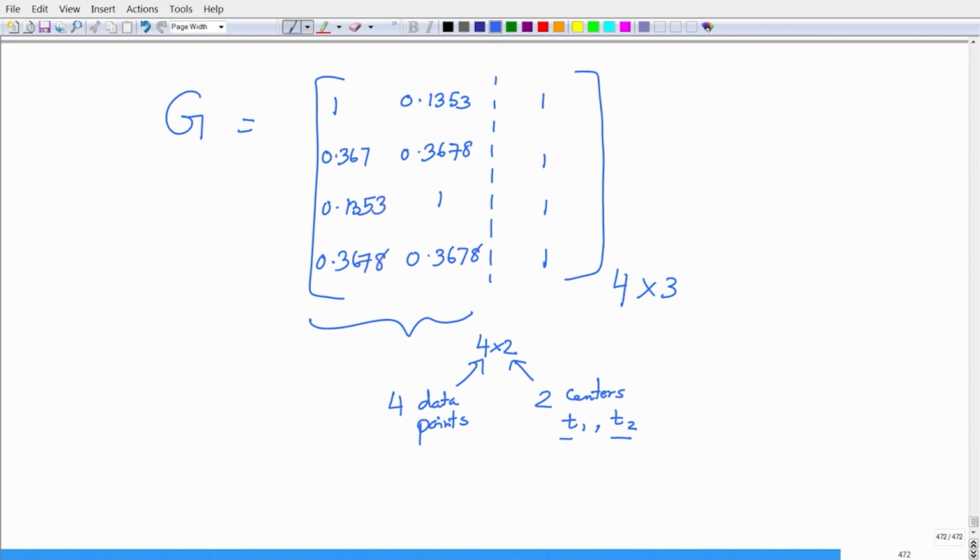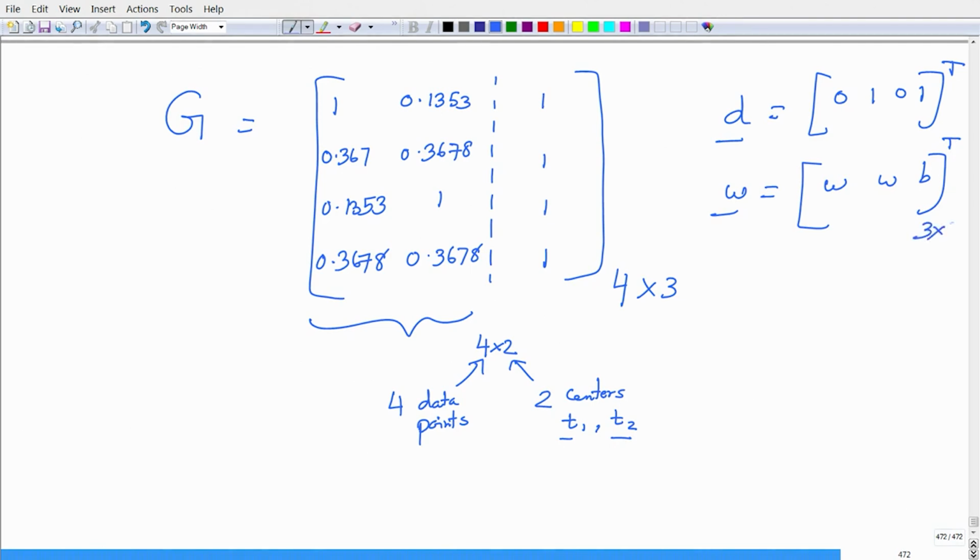Okay, so you have this in this form. My D vector is (0, 1, 0, 1) transposed, which is this 4 by 1 column vector. My weight vector is (W, W, B) transposed. This is a 3 by 1 vector.